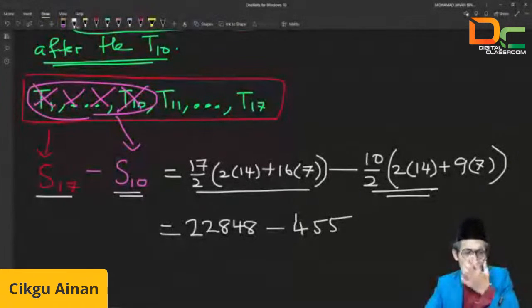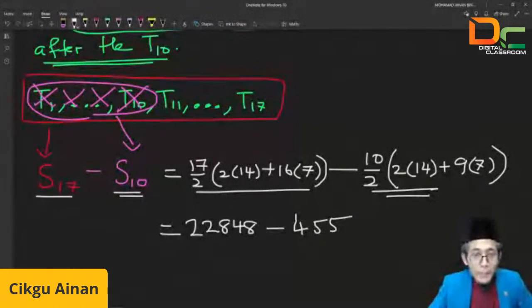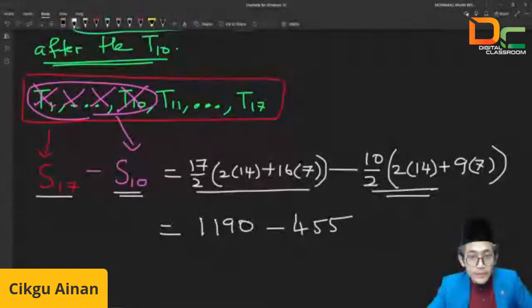The number is too big. I recalculate: 14 times 2, plus 16 times 7, multiplied by 17. Correct. My bad, I don't know why the number went too big. It's 1190 only. Then 1190 minus 455.